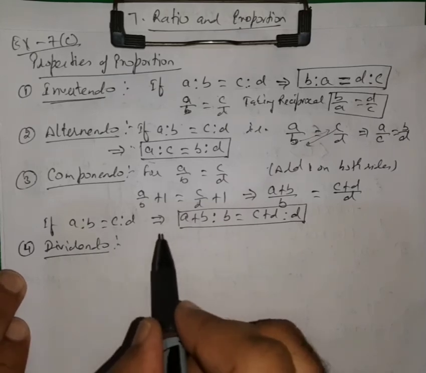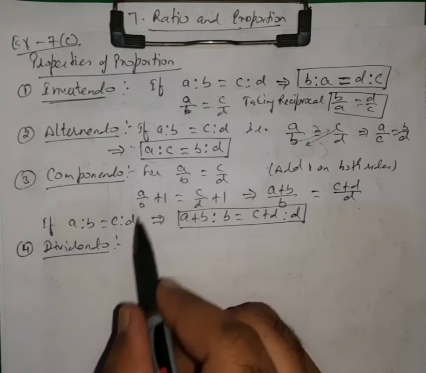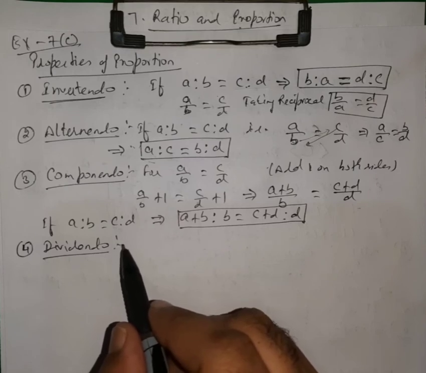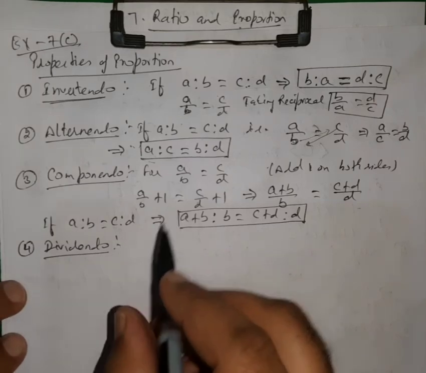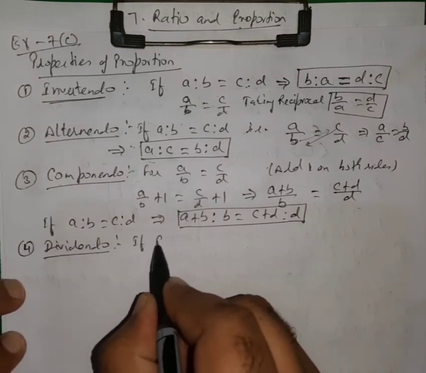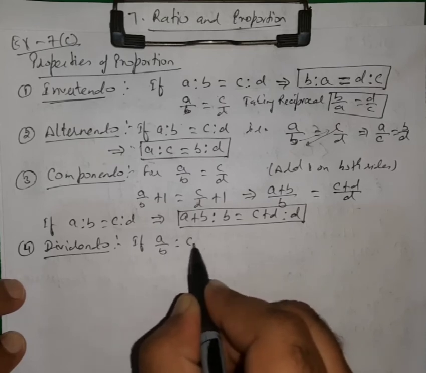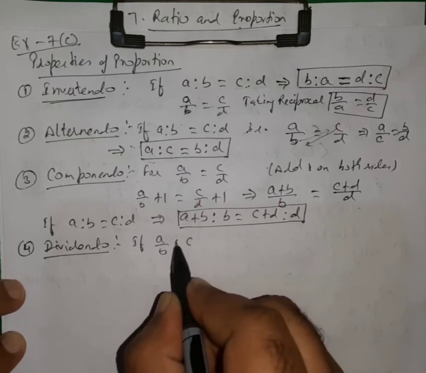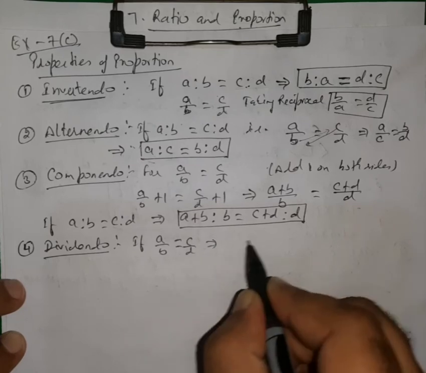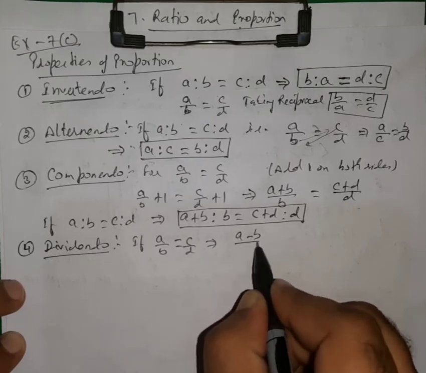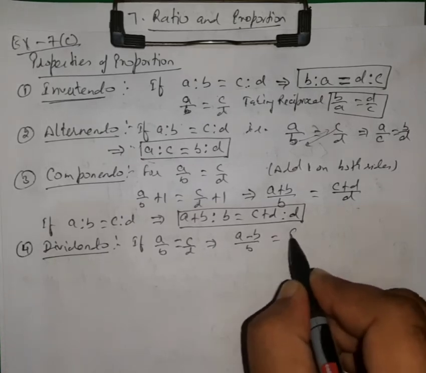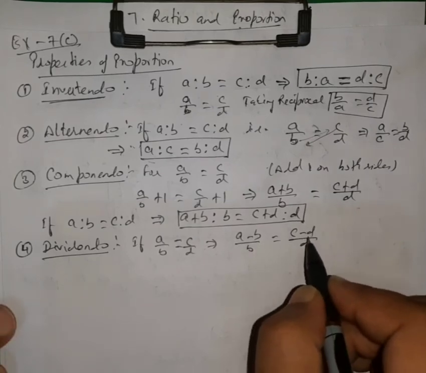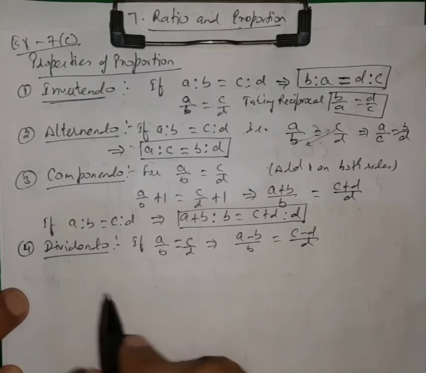And the next property is dividendo. This is similarly obtained by subtracting 1. So in place of addition we are doing subtraction. Then if A over B is equal to C over D, this implies A minus B over B is equal to C minus D over D. This is called dividendo.